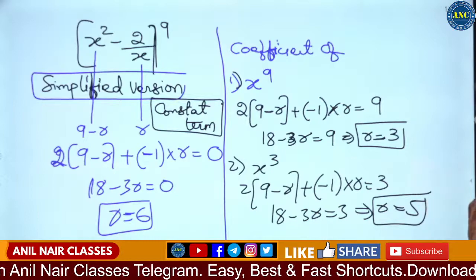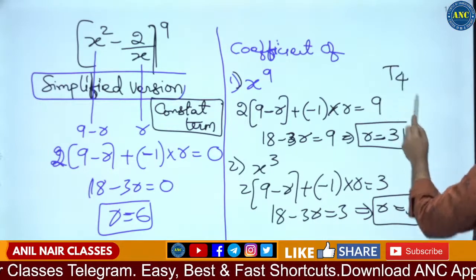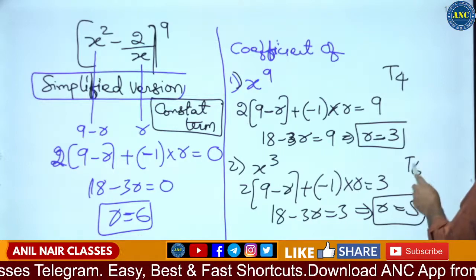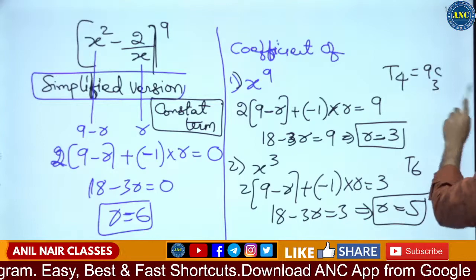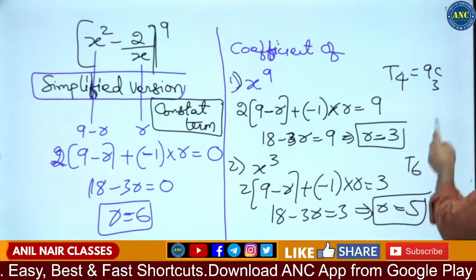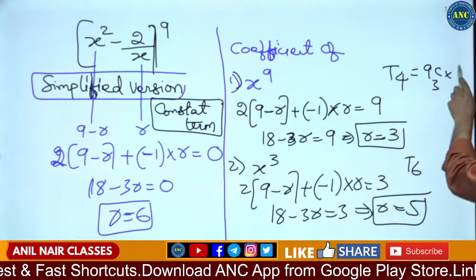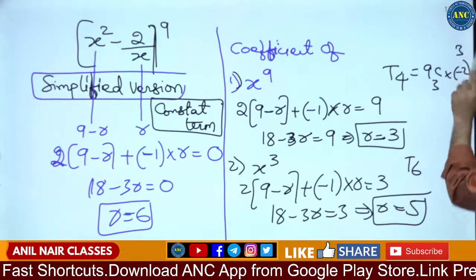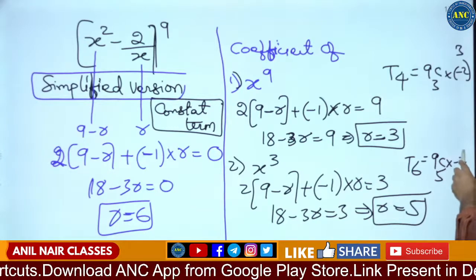Once we got r equivalent to 5, then the answer will be T6 here. T6 here, so it is 9C5 into x square power 4 and minus 2 power 5. Here the answer will be 9C5 into minus 2 power 5.